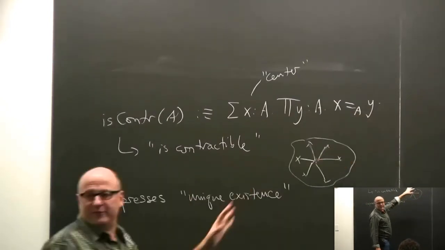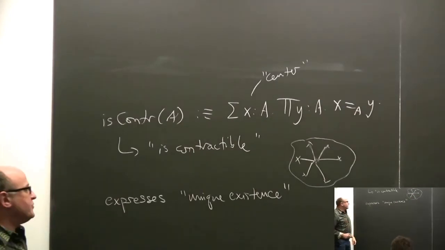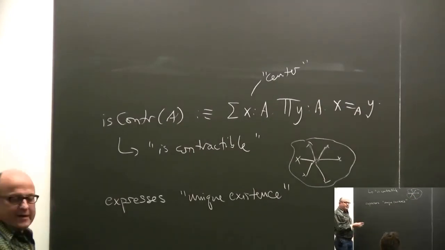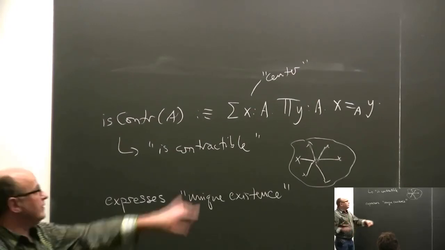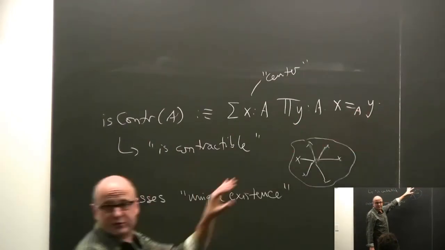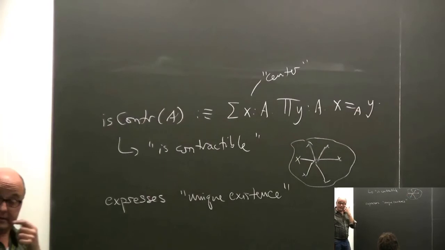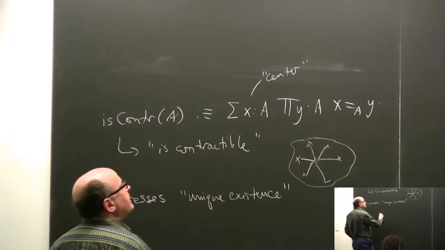So you can think of it as expressing the package of what you say when, typically in a context, you say, well, for every blah, blah, blah, there exists a unique, well, that will come out as is contractible. That's going to be related to a definition I'm going to give in a little while. So we can think of it as expressing unique existence.